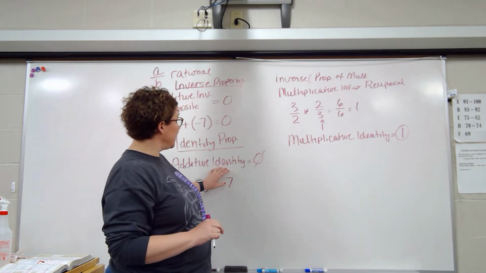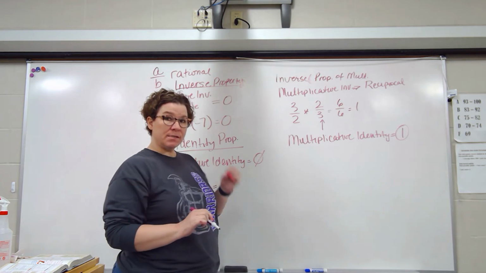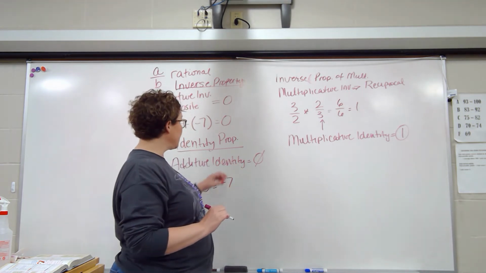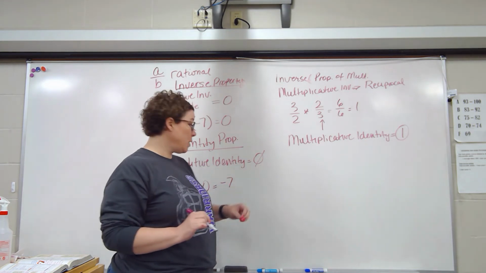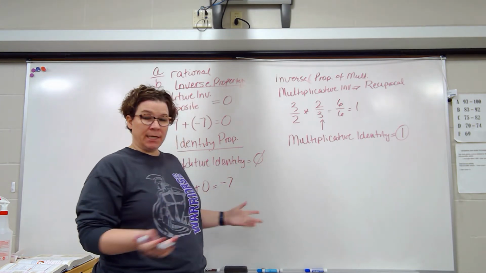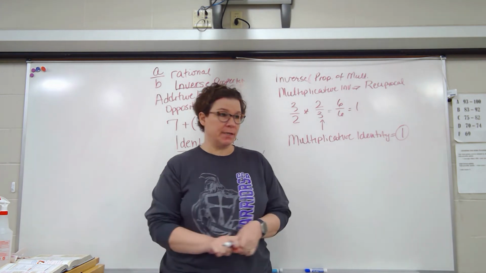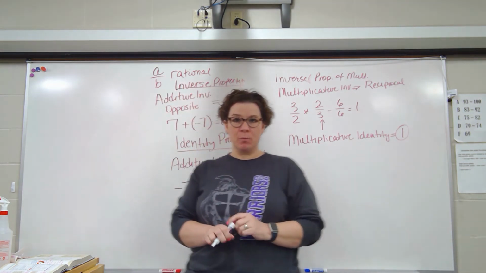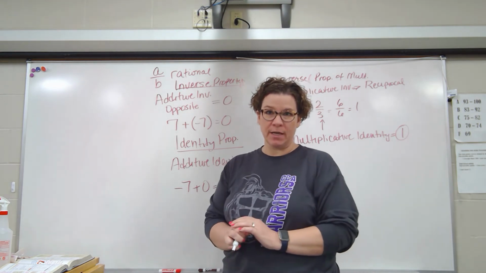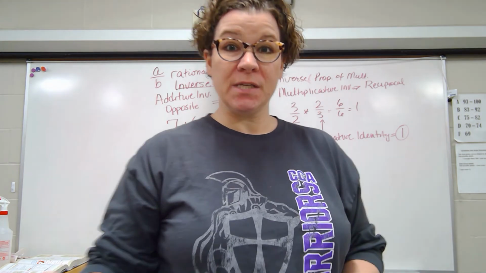When you think of identity properties for addition, 0 is the number that you need to think of. When you add a number and its opposite, it has to equal 0. And when you add 0 to any number, you get any number, okay? So I just wanted to go over real quick about these and then talk about your homework that you guys did before we left for this extended break.